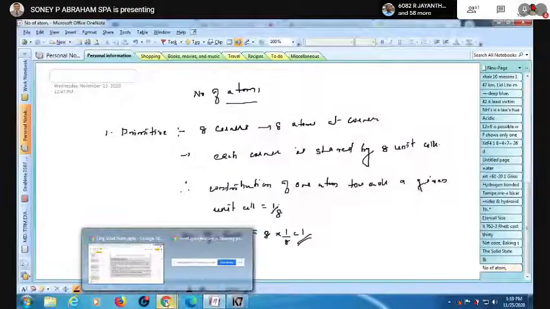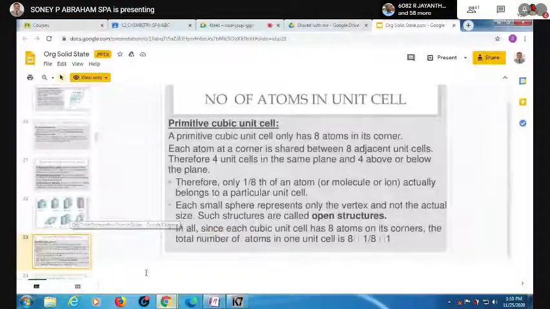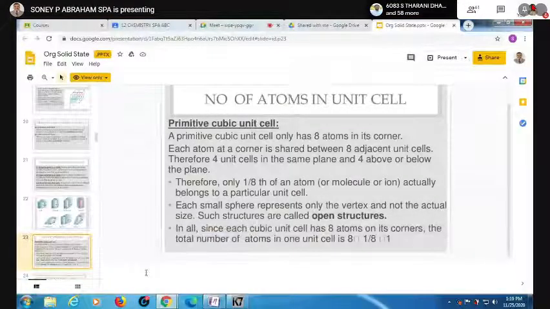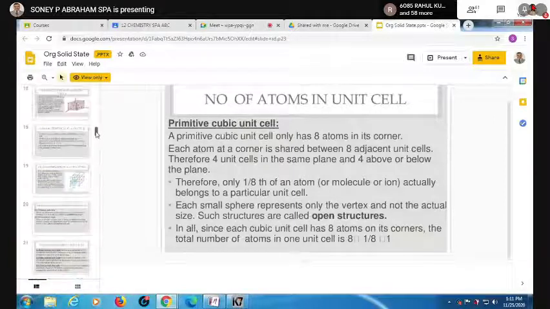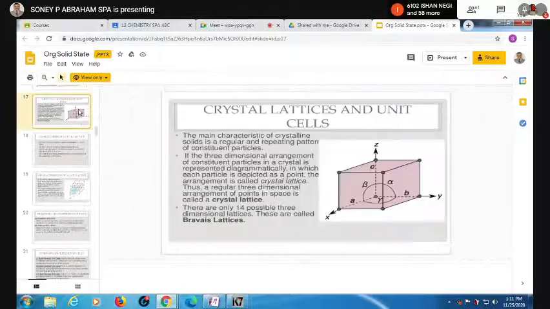So total number of atoms in a given primitive unit cell. Yes, sir. Understood. If you want, I will show with the picture. This atom is shared by 8 more unit cells.